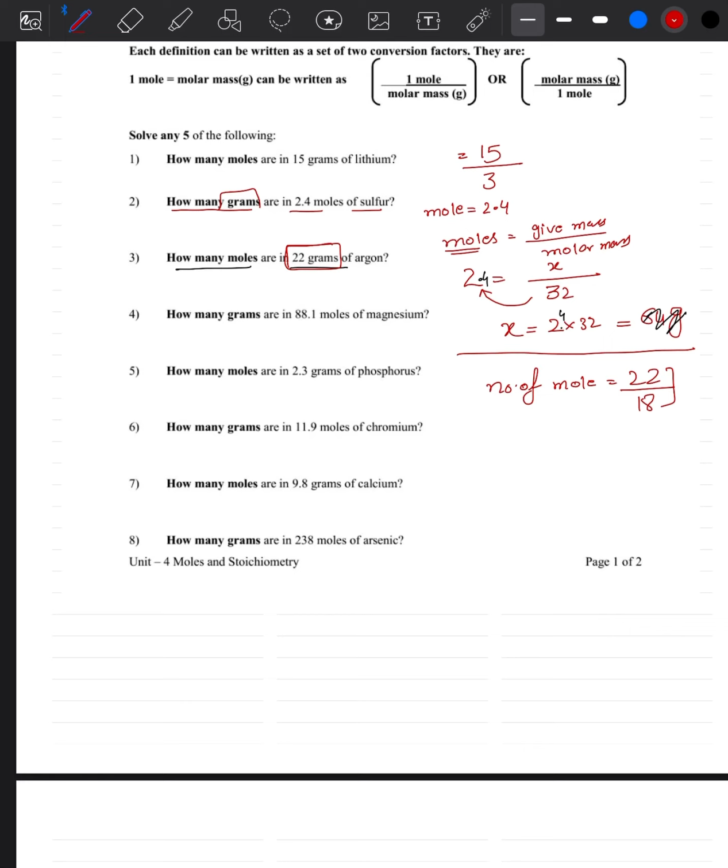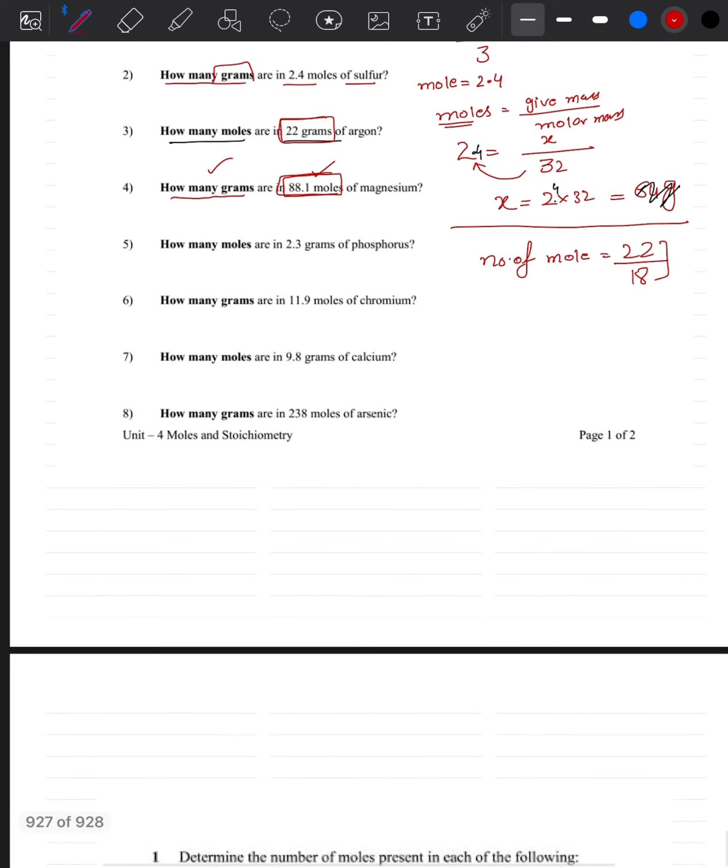And in question number 4, how many grams are in 88.1 moles of magnesium? So now we are given the number of moles and we have to find out the mass. So we will use the formula: number of moles is equal to given mass over molar mass. How many moles are given? 88.1.